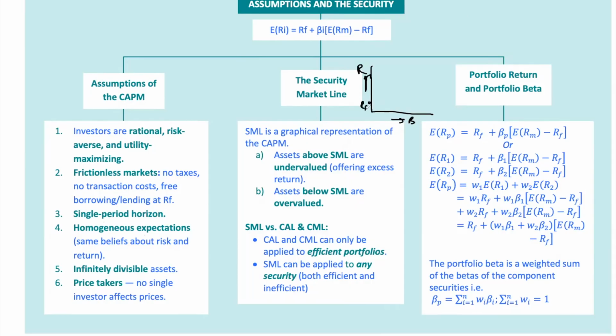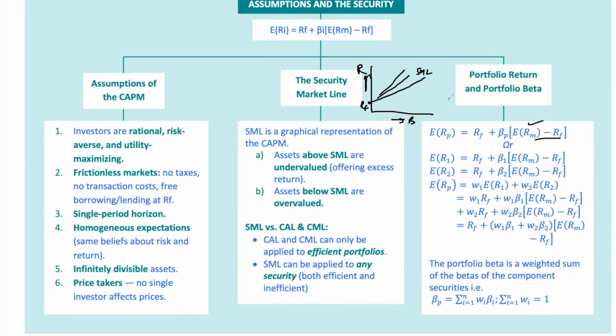Now imagine a straight line starting from the risk-free rate. That's your intercept, and it is sloping upward. That line is the SML, and the slope of that line, that's the market risk premium, which is E(RM) minus RF. So the steeper the line, the higher the reward per unit of risk.